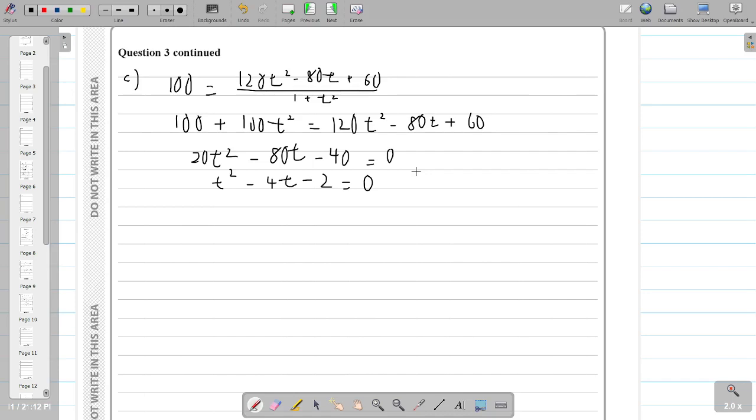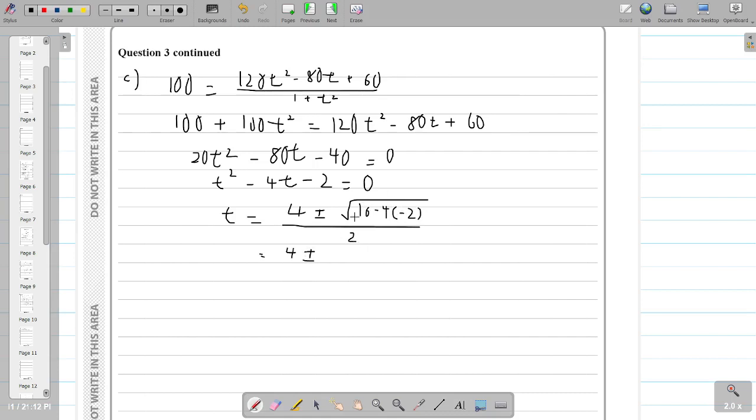All right. Now, this one can't be factorized, so we're just going to use the quadratic formula here. t is equal to 4 plus minus the square root of 16 minus 4ac, so plus 8, so square root of 24, over 2.